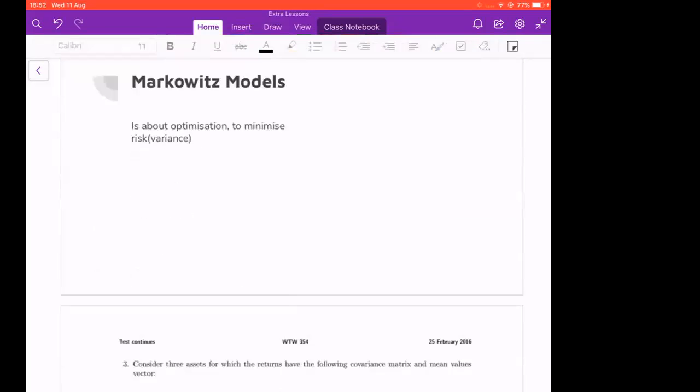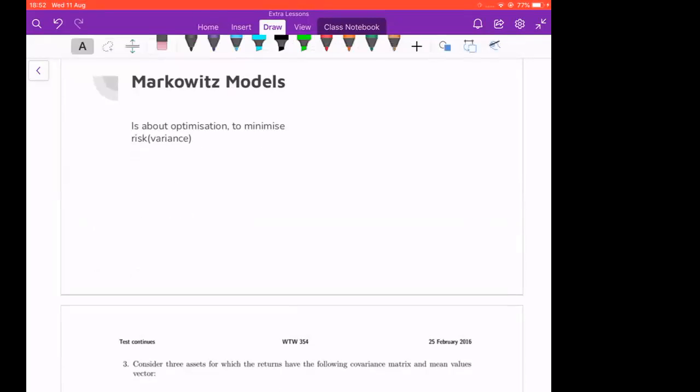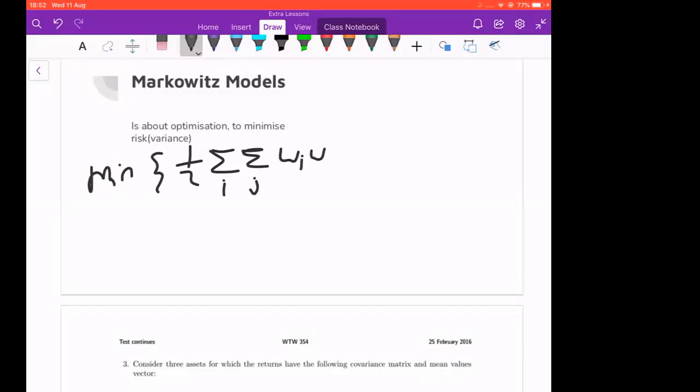So the Markowitz model is actually about minimizing your risk, right? You are trying to minimize variance. They say minimize variance, and they define variance as 1/2 times the sum over i, j of weight i, weight j, sigma i j.